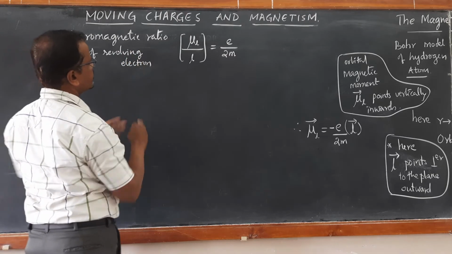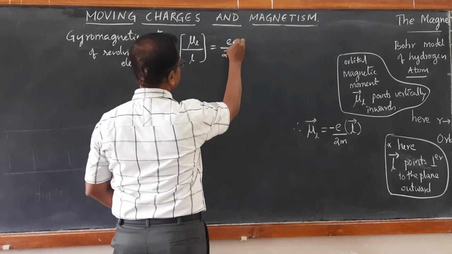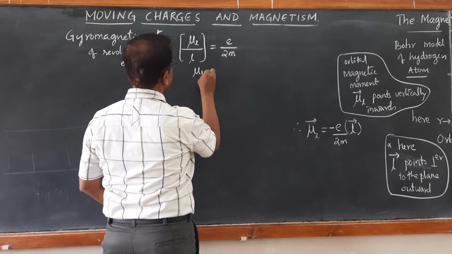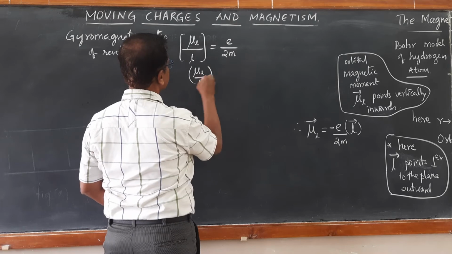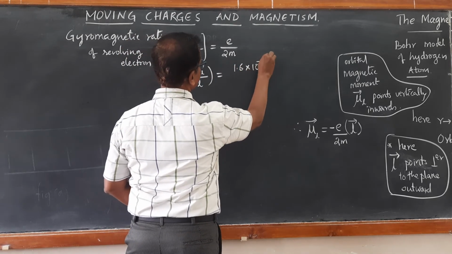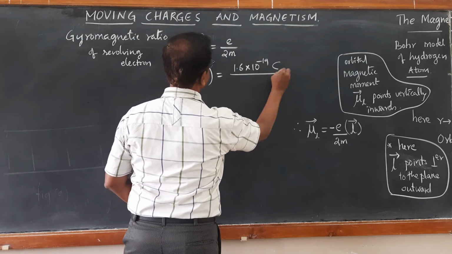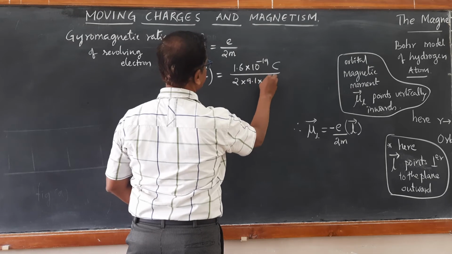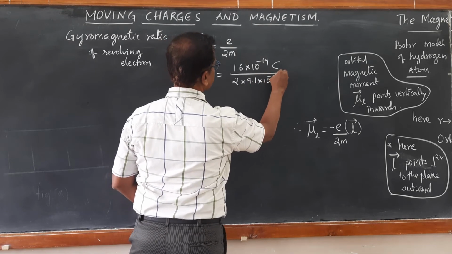For the revolving electron, if you substitute the values of electronic charge and mass, this gyromagnetic ratio is calculated to be 1.6 into 10 to the power of minus 19 coulomb divided by 2 into the mass of electron, 9.1 into 10 to the power of minus 31.